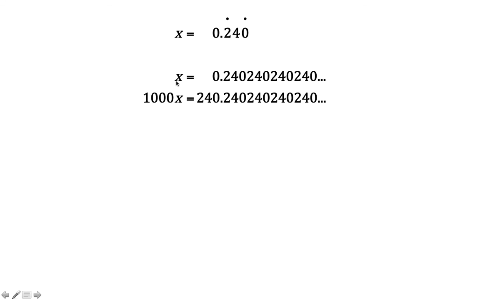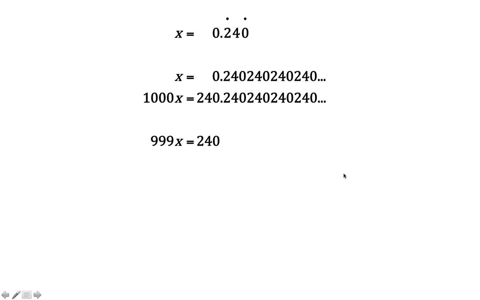So we've got a number x that's 0.240 recurring. We've got a number 1,000x that's 240.240 recurring, with the 240s in the same place. So if we take one away from the other, then we can get 999x equals exactly 240, and all of that recurring bit disappears.